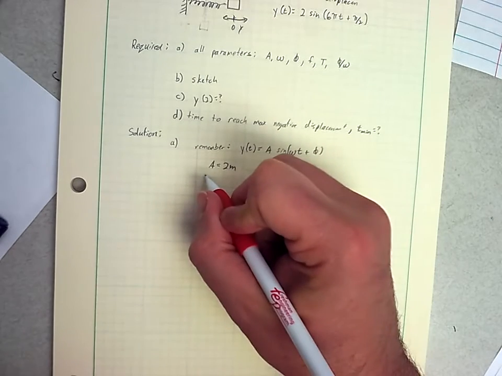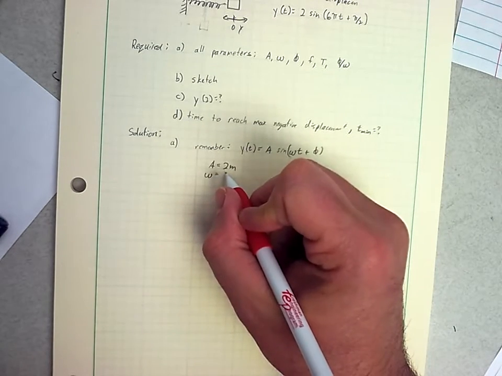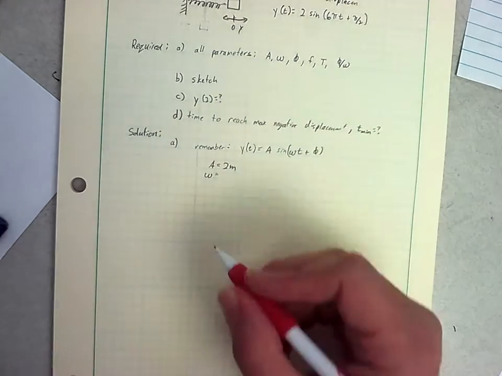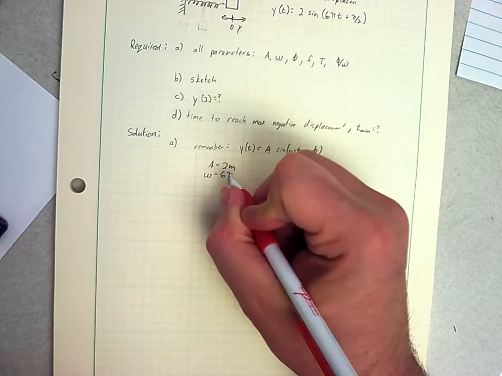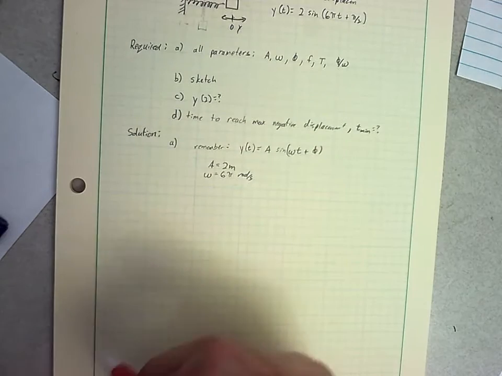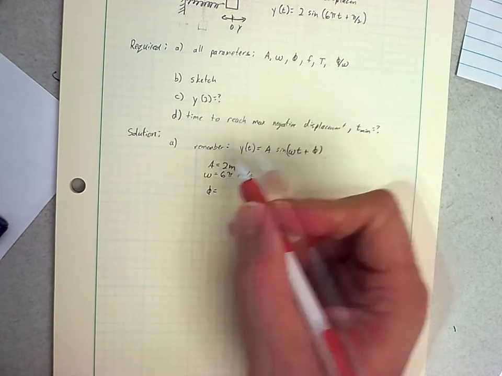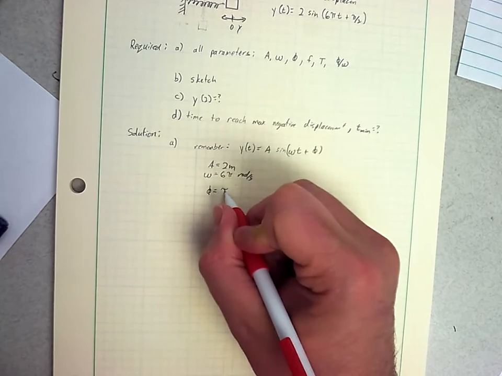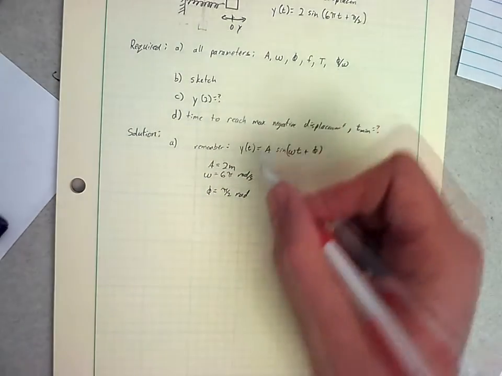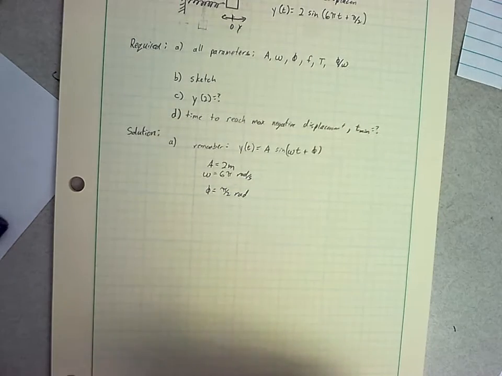We know that omega is 6 pi, and units on that would be radians per second. We know that phi is pi over 2 radians. Those are just given from the equation, and we're able to pull them out exactly.